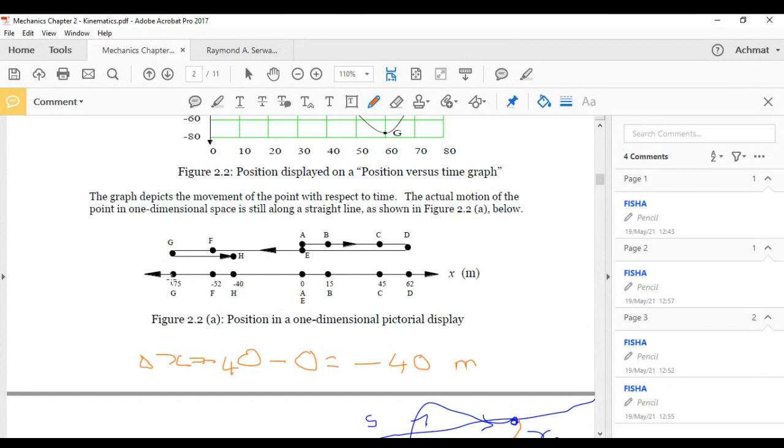The furthest distance is 75. So 62 and 62 is 124, and 124 plus 75 will become 197.